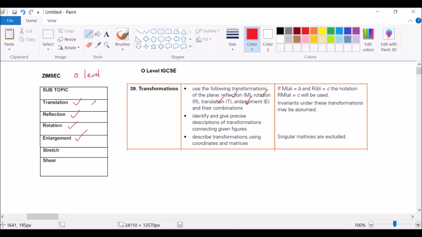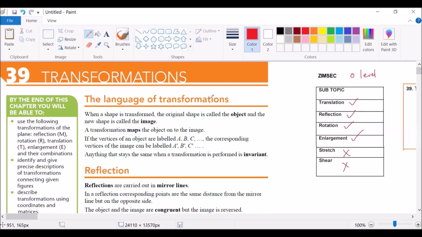These four topics are in both syllabuses, but ZIMSEC goes on to stretch and shear. So we shall look at these for only ZIMSEC, but for Cambridge, we will look only at the four: reflection, rotation, translation, and enlargement.